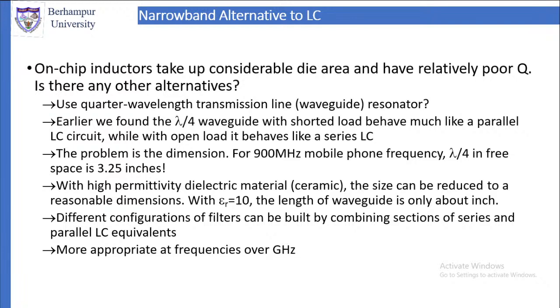Usually you use epsilon r equal to 10. The length is about an inch, which is also quite large. Different configurations of filters can be built by combining sections of series and parallel equivalents. This is more appropriate if you choose frequencies over 1 GHz, where the size will be smaller.